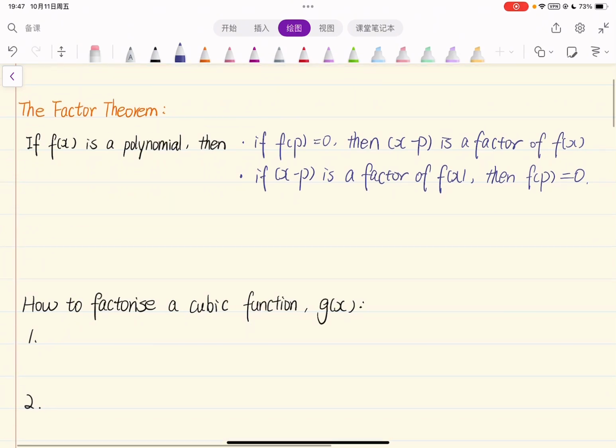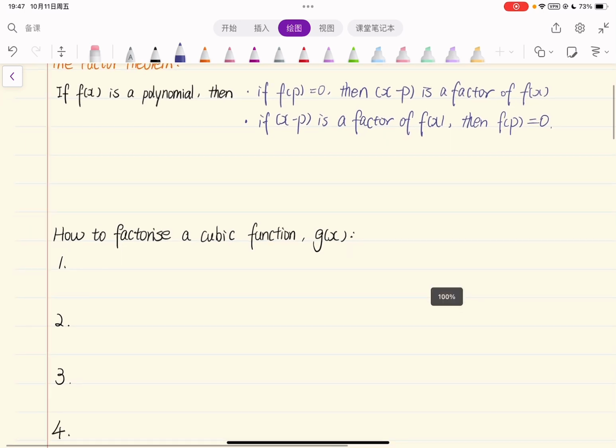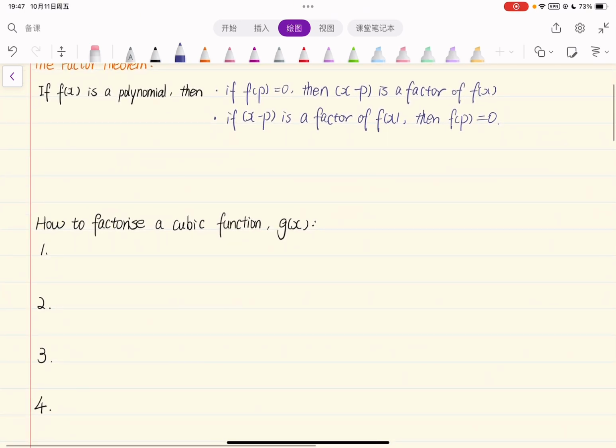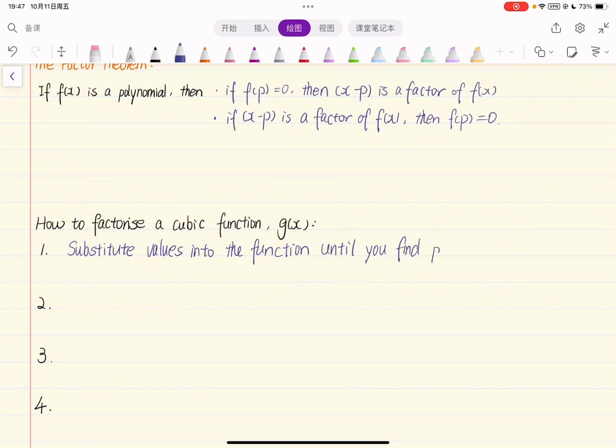So how do we factorize a cubic function, g(x)? We first substitute values into the function until you find a value p such that g(p) equals 0.